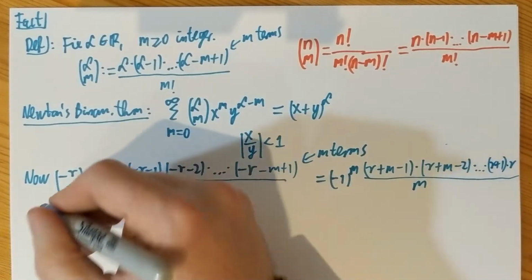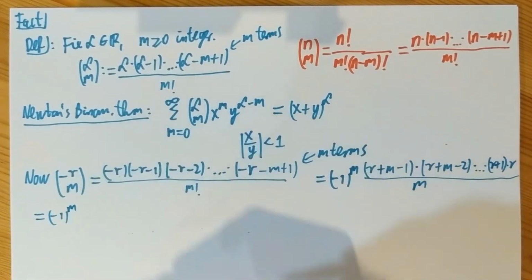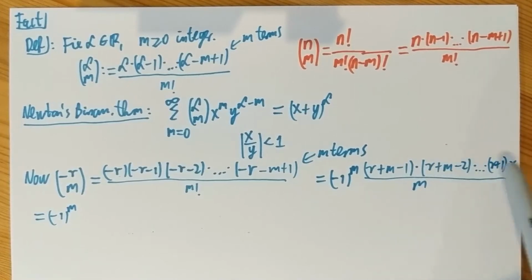Now, if I look very carefully at this formula, then I see that I start with r plus m minus 1 and I go down in the factors m steps and I divide by m factorial. That's actually in the form of a classical binomial coefficient.